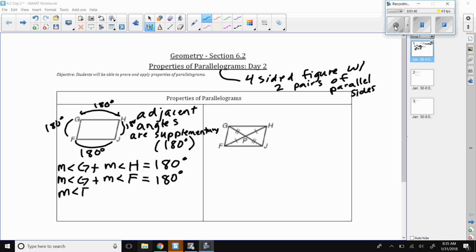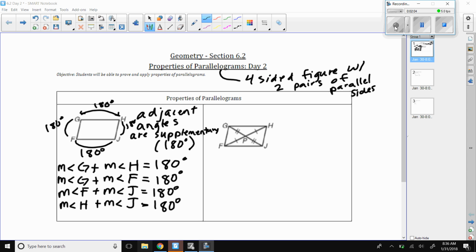The measure of angle F plus the measure of angle J will be 180 degrees. And the measure of angle H plus the measure of angle J will be 180 degrees, and that gives us all of our adjacent angles will be supplements. We'll be adding to 180 degrees.